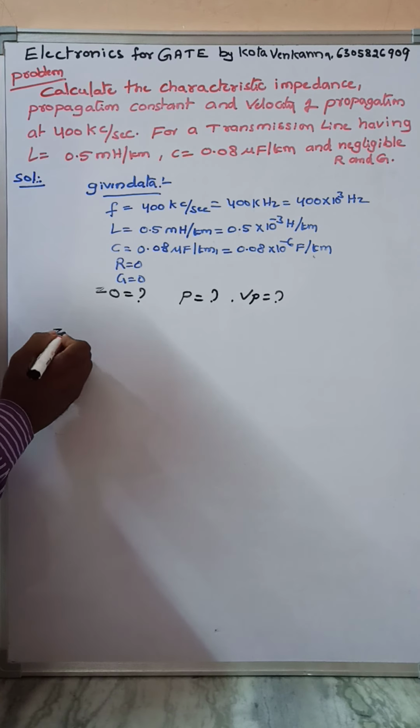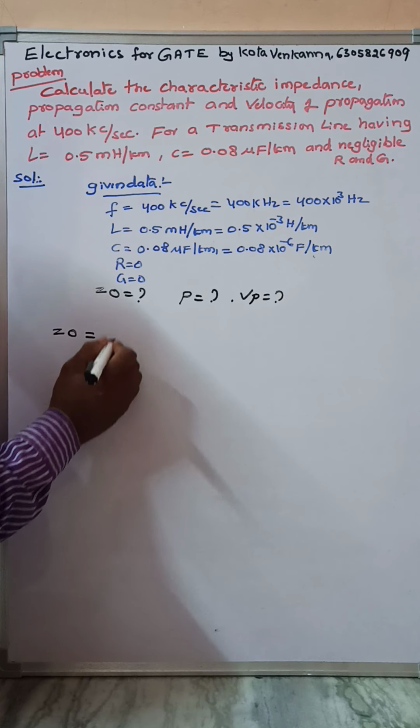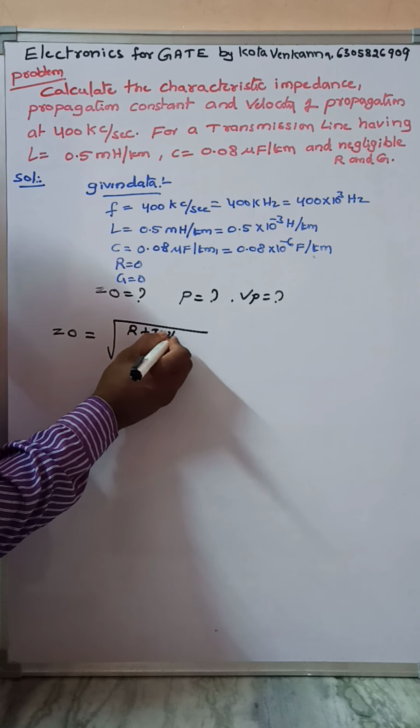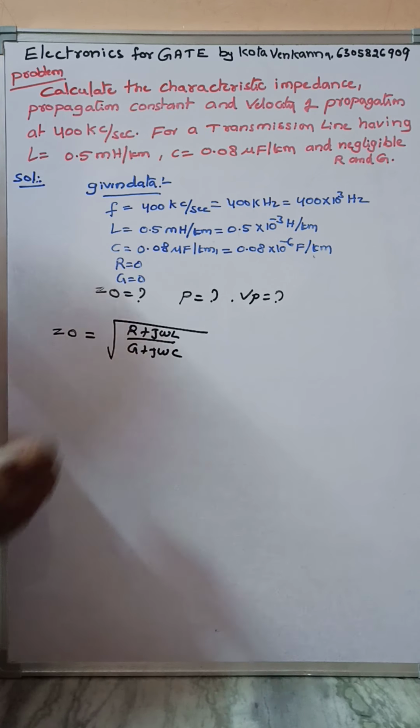What is the formula for characteristic impedance? Z0 is equal to square root of (R plus j omega L) by (G plus j omega C).